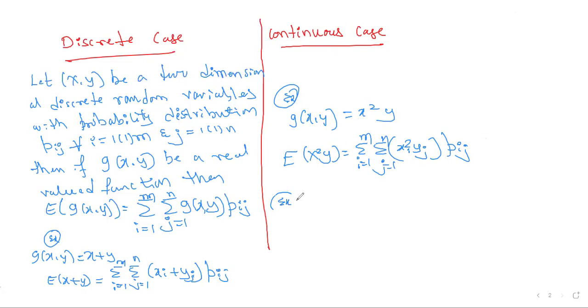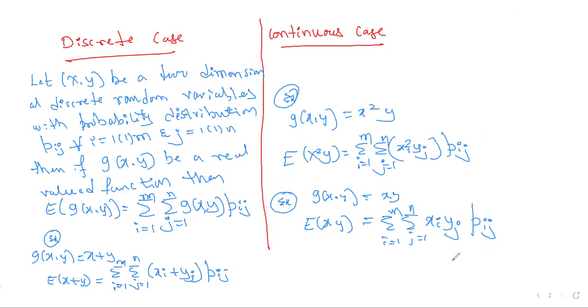One more example: if g of x comma y equals only xy, then the expected value of xy is the double summation of xi yj into pij. In this way we can calculate the mathematical expectation of a function in the bivariate case.